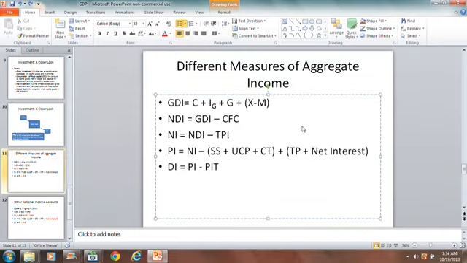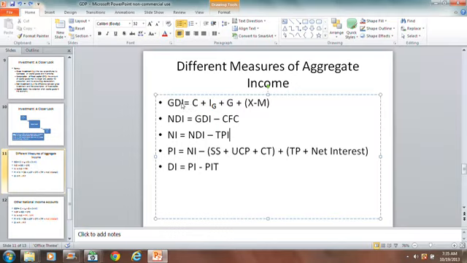Now, if all expenditures represent GDP, and the sum of the expenditures equals the income, I can calculate a measure of income called gross domestic income in an equivalent way, because gross domestic income is capturing all the income. So GDP captures all the expenditures. GDI, gross domestic income, captures all income sources.